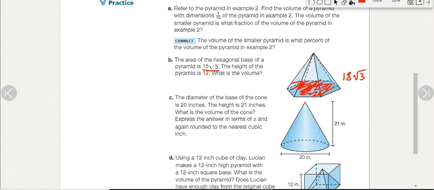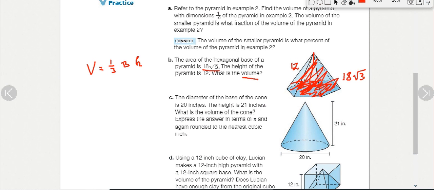The height, right angle from the peak here, is 12. Okay, formula for volume of a pyramid is a third of the base, 18 square root of 3, times height, 12. Substitute in and you've got volume. Okay, that's how much can fill up the whole thing.